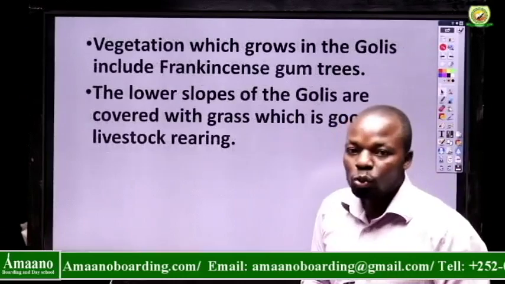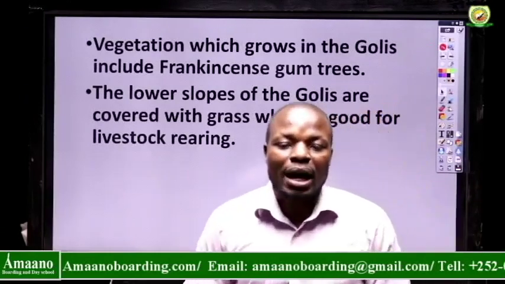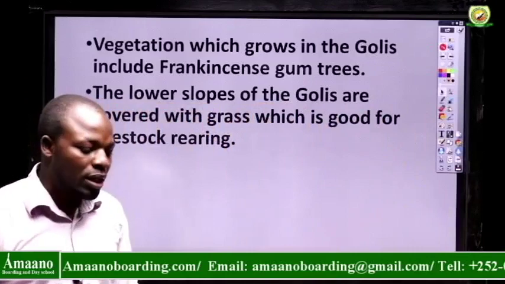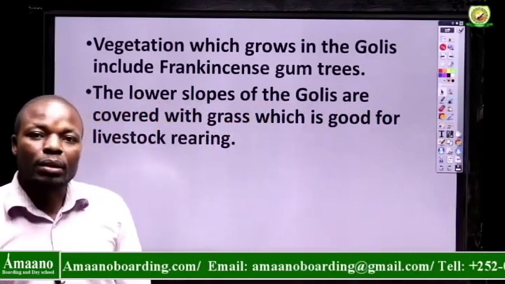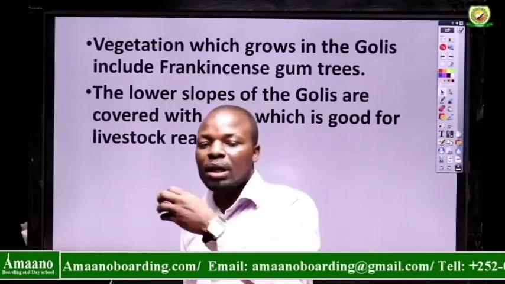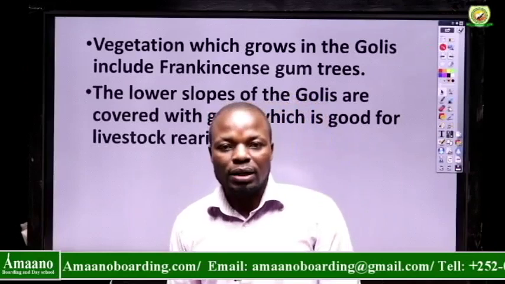the vegetation which grows in the Golis includes the frankincense gum trees. Last time we looked at the frankincense gum tree, which is very important and precious, where the early traders from the Arabian Peninsula came to exchange with the people of Somaliland at the coast.